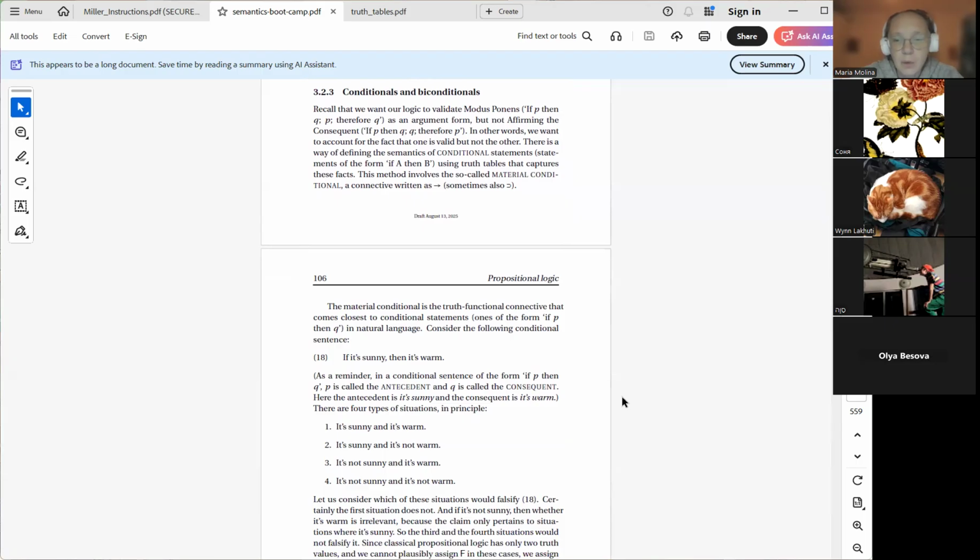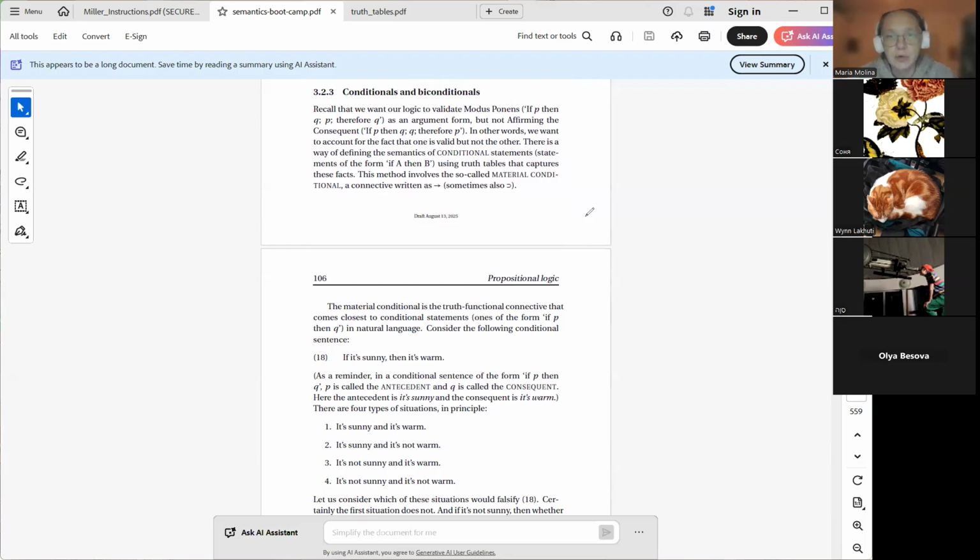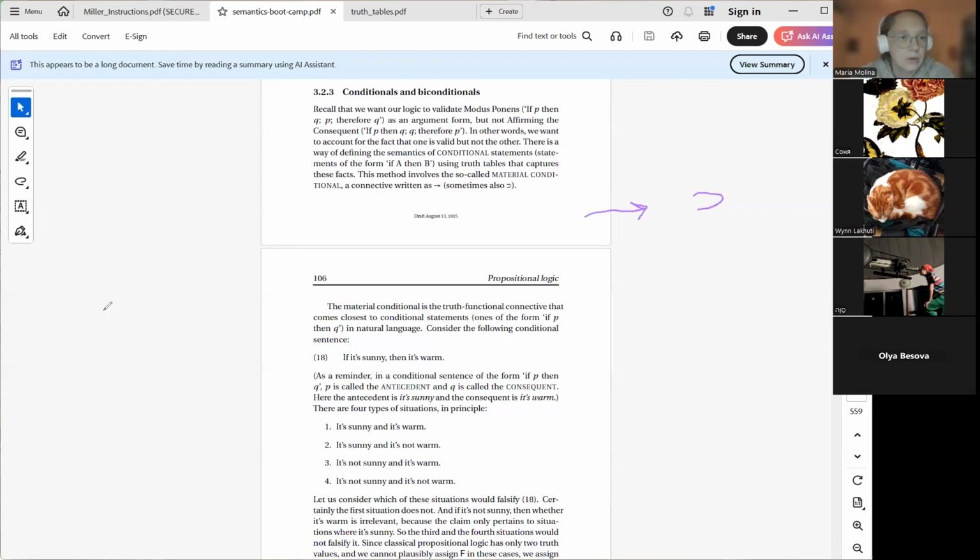Yeah, and we use the arrow, sometimes this sign, to represent it in writing. So if we are using our propositional letters, then we get the form if P, then Q. Over here in natural language: if it's sunny, then it's warm.